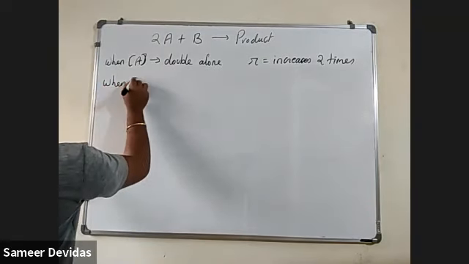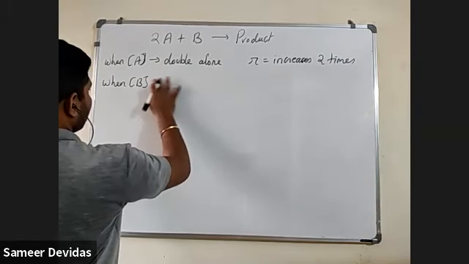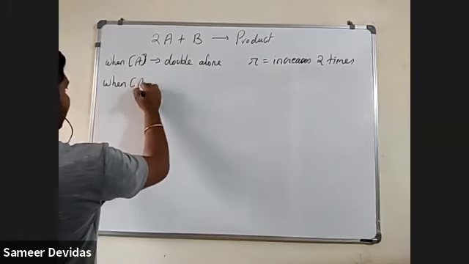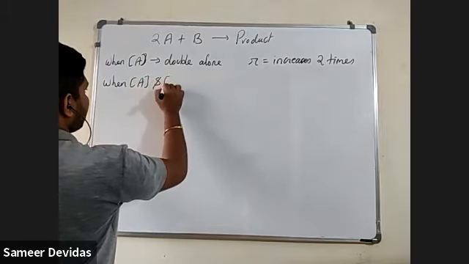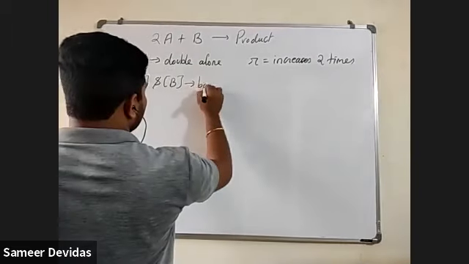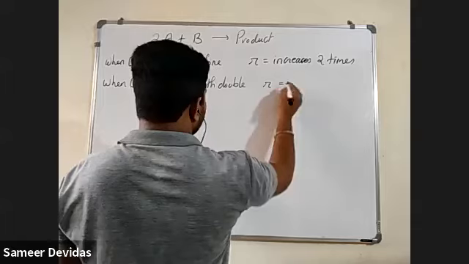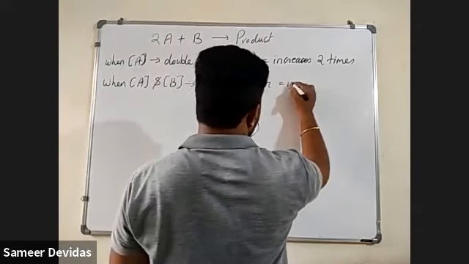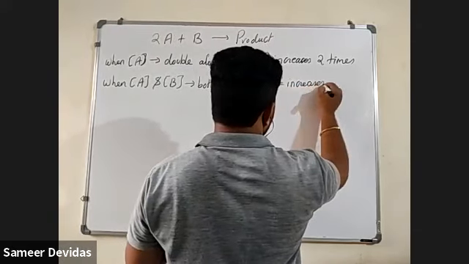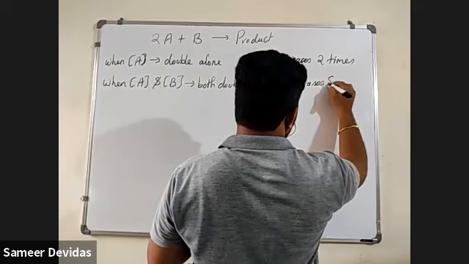When A and B are both doubled, the rate increases 8 times.